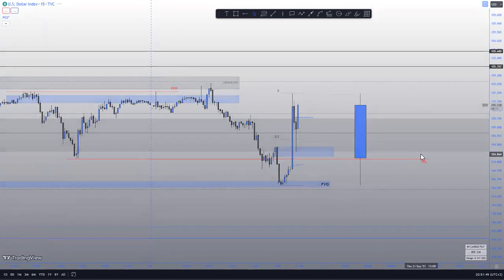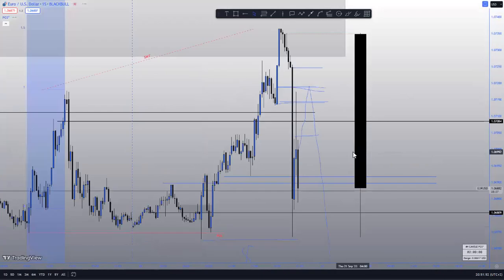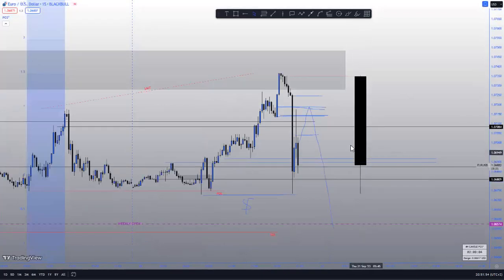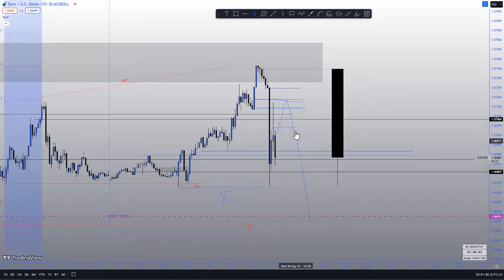And let's go to Euro USD. Yeah, so Euro USD, same thing is kind of happening. That FVG that we spoke about and the key level, price hit there exactly. Now we push into the downside, targeting the sell side liquidity.